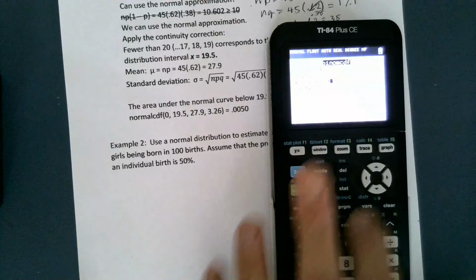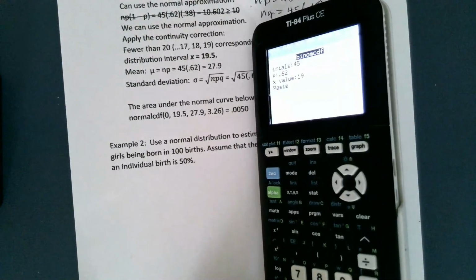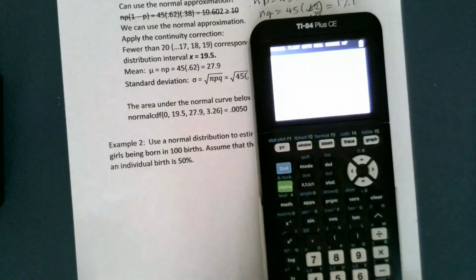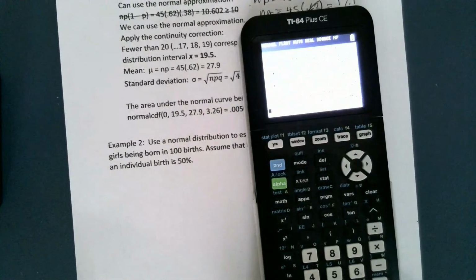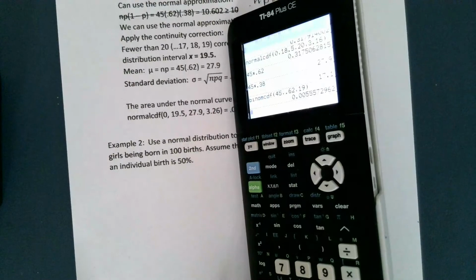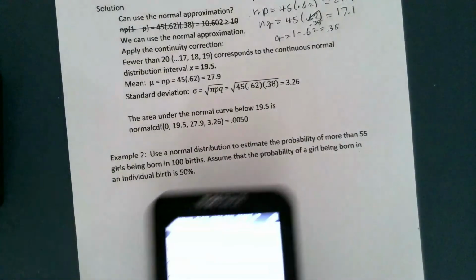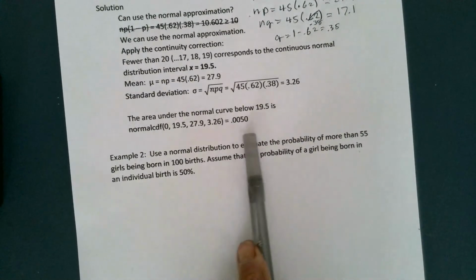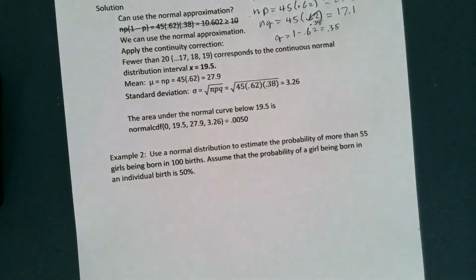It says fewer than 20, so x would be 19. So that's what I have. And it says 0.0056. So that's pretty close to the approximated answer. It's within 6 ten-thousandths of the exact answer.